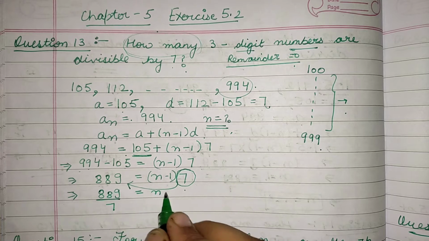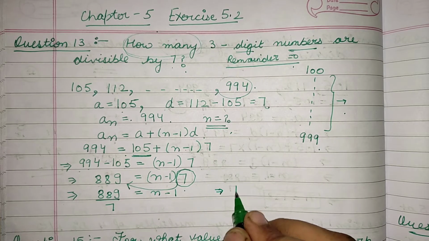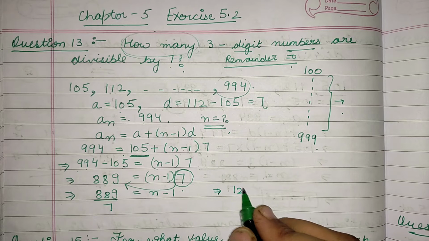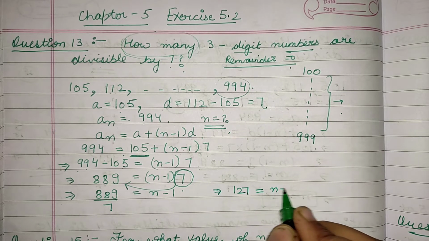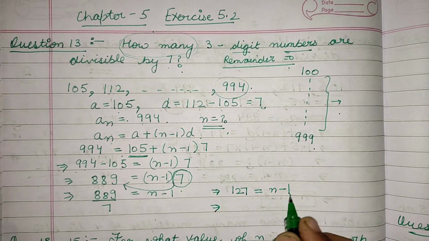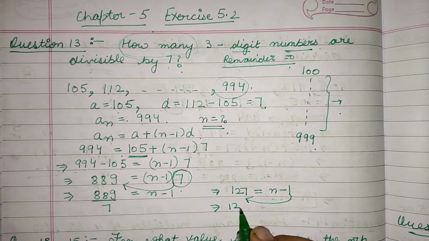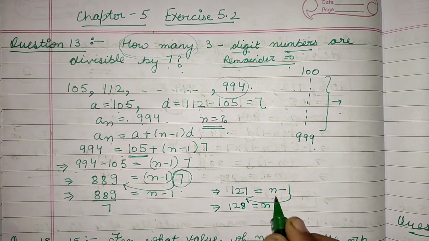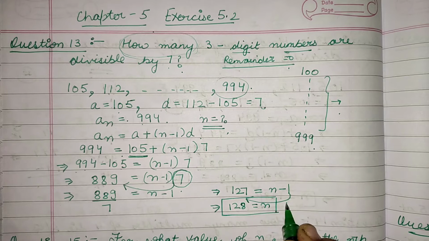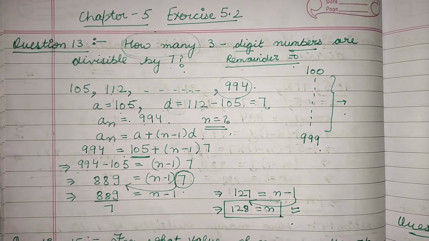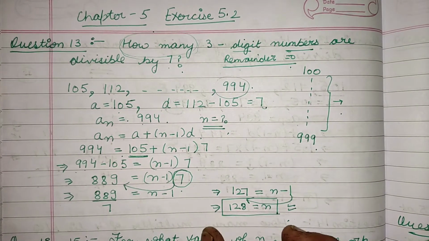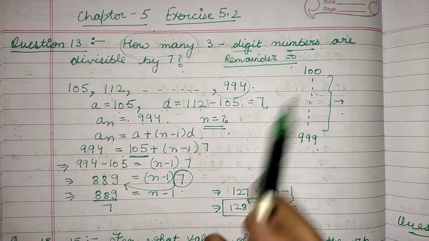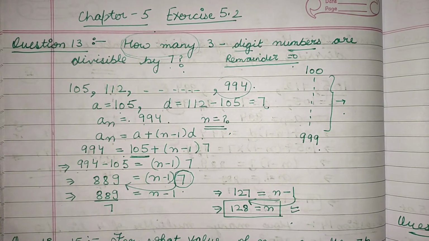After this division, my answer will be 127 is equal to n minus 1. Now this 1 will go to this side and it will be added. So 127 plus 1 becomes equal to n. So there are a total of 128 numbers which are divisible by 7.